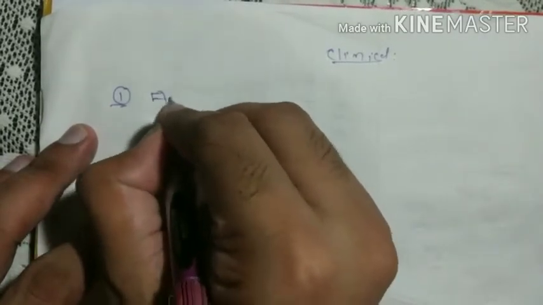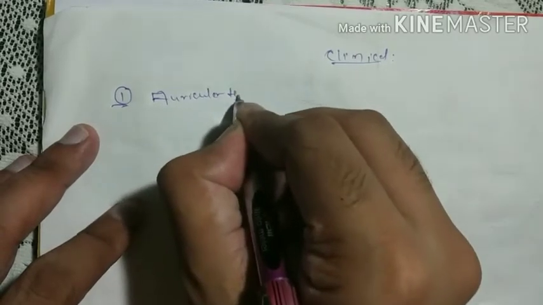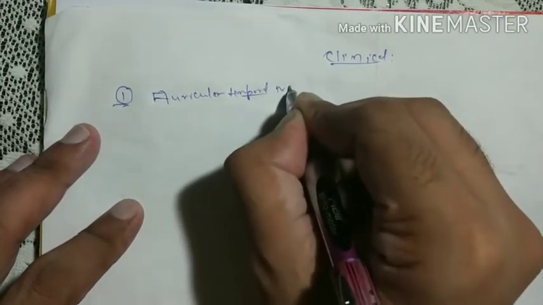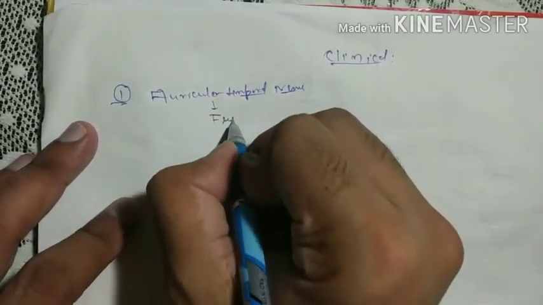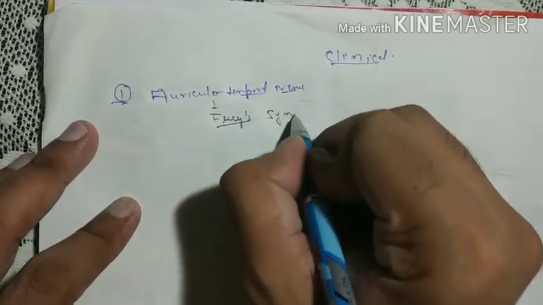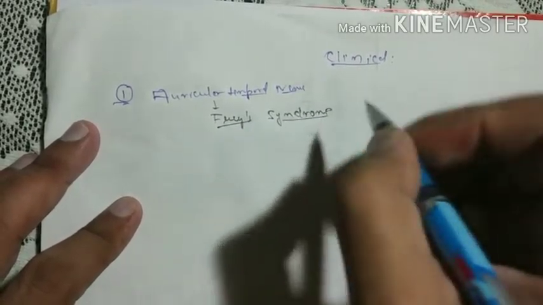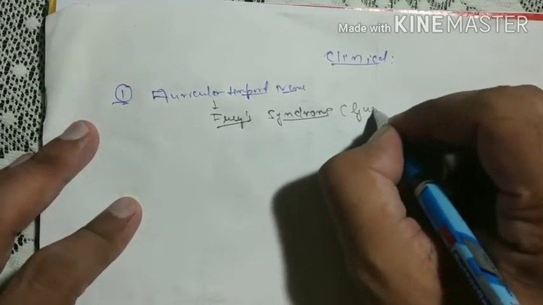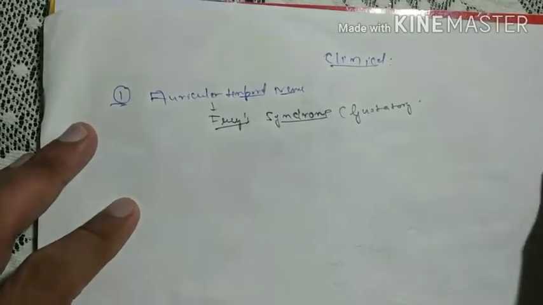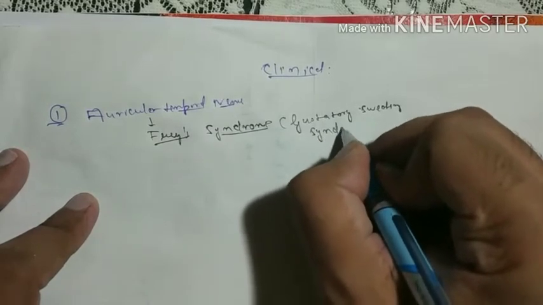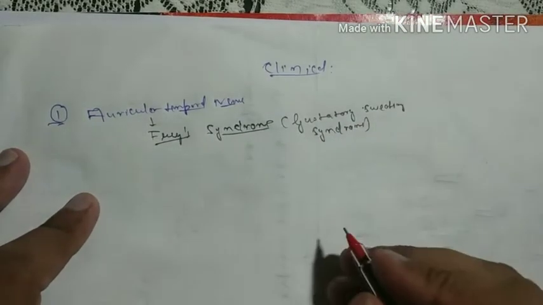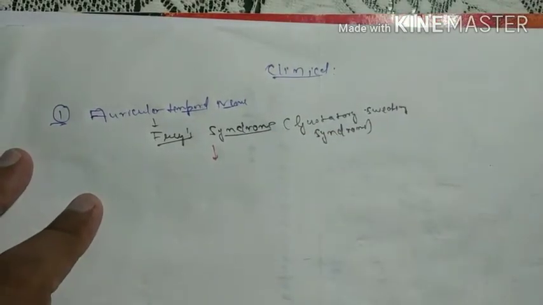The first clinical point is related to the auriculotemporal nerve, that is Frey syndrome. Frey syndrome is also called gustatory sweating syndrome, or sweating syndrome.